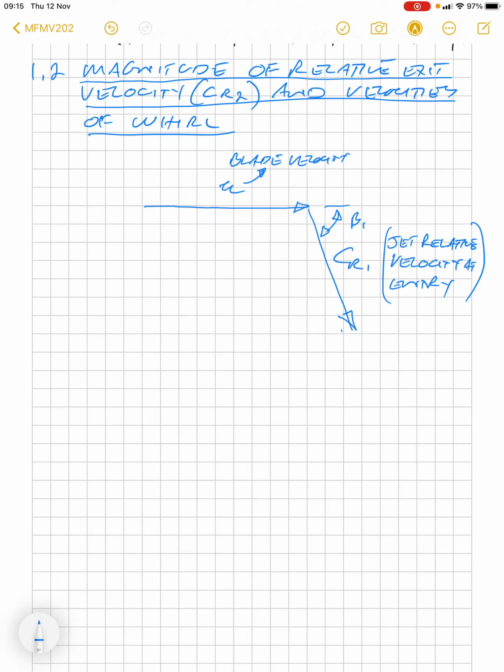And this one would be C1, which is the absolute velocity of the jet, so that is the actual velocity relative to the nozzle. This would be alpha 1, that is the angle of the nozzle. So that's the inlet diagram.